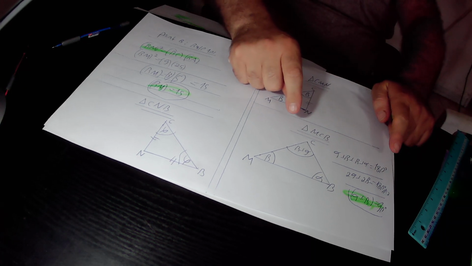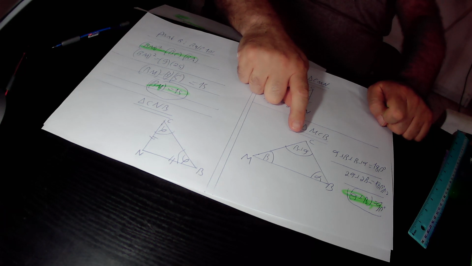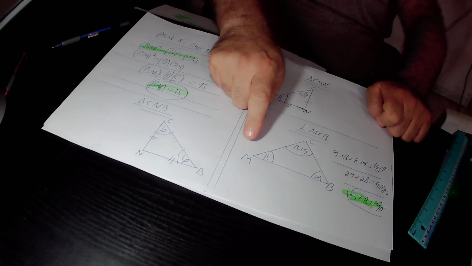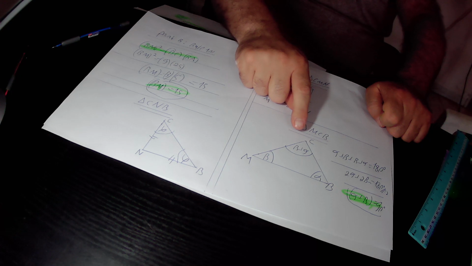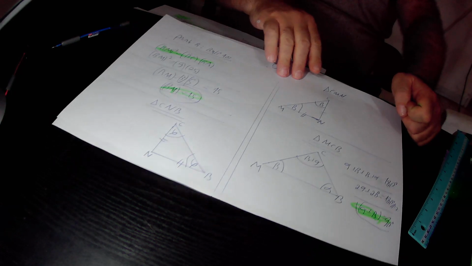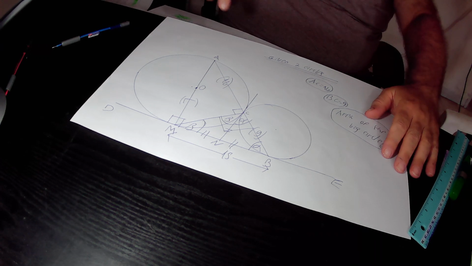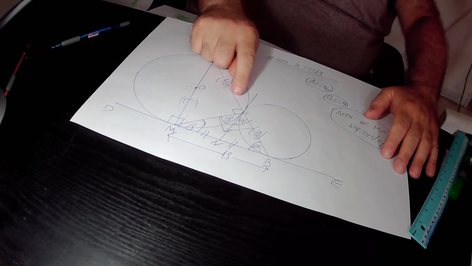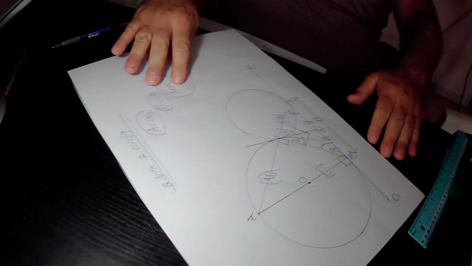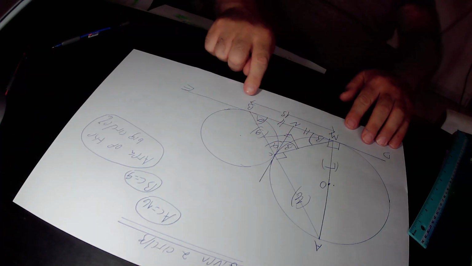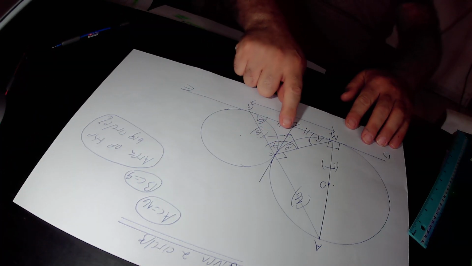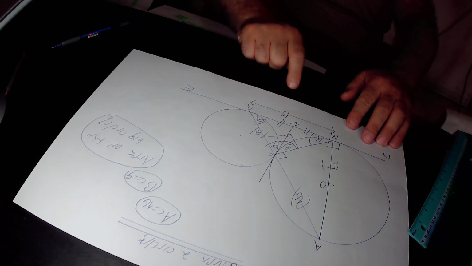So this is angle alpha plus beta, or angle MCB, that is equal to 90 degrees in its size.